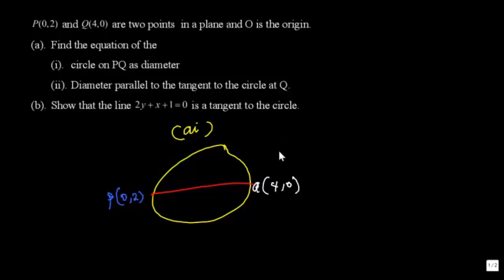And from the circle theorem, we know that the angle subtended by the diameter of a circle at any point on the circumference is a right angle, or 90 degrees. So let's assume our diameter PQ subtends an angle at the point A on the circumference, and the angle is 90 degrees. Our point A is (x, y).